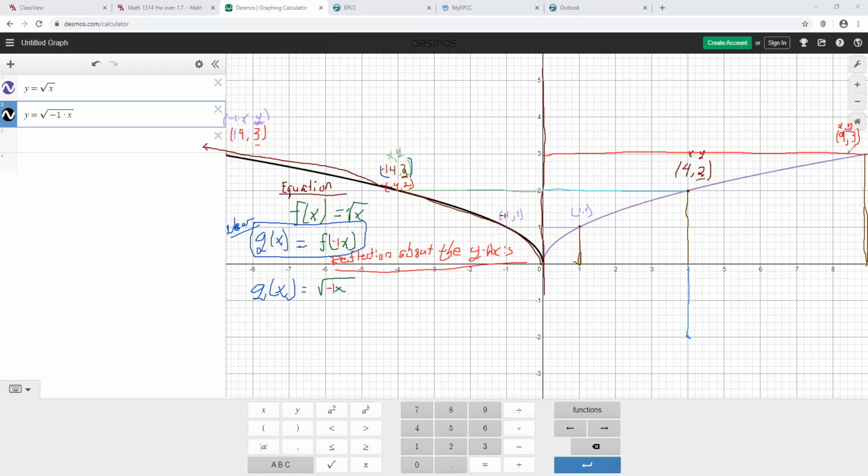Yes, sir. And same as this one was, how many units was this point right here above the x-axis? 3. And so now it's going to be how many below? 3. If I can draw this straight.